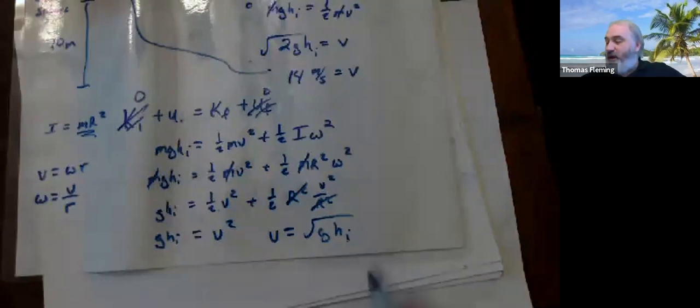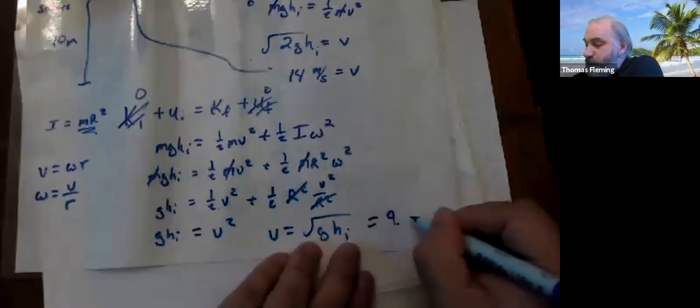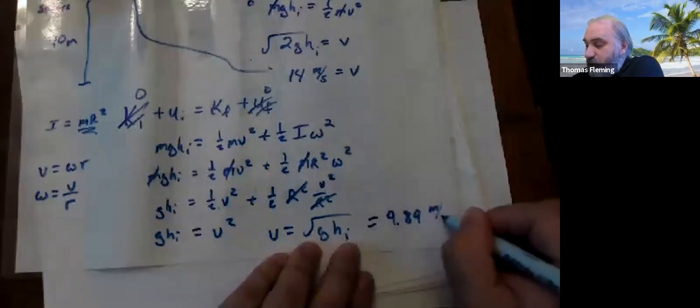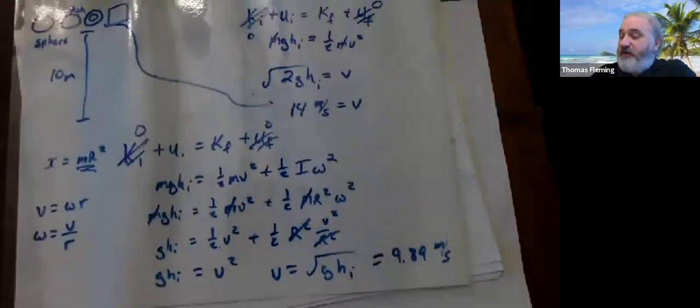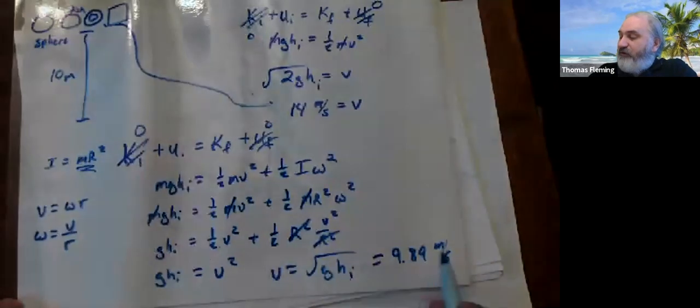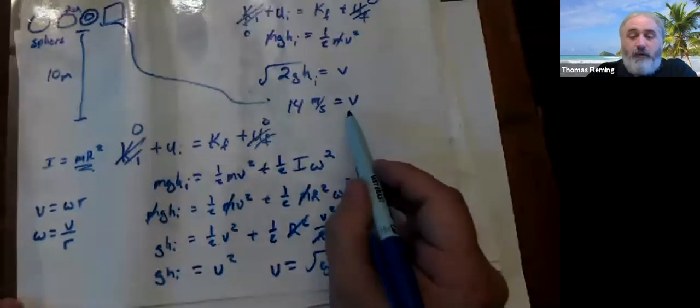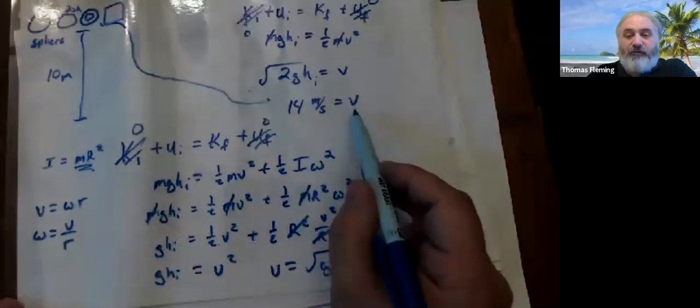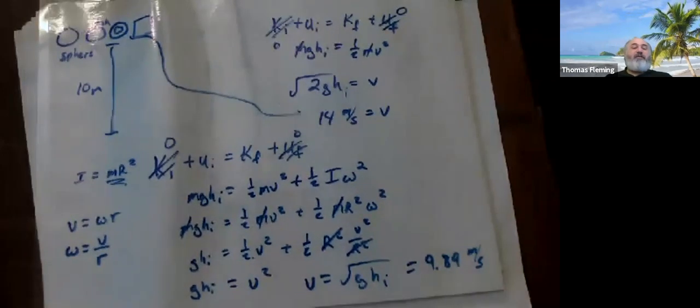Yeah, about 9.89. So, as expected, this hoop ends up traveling slower than the sliding box.